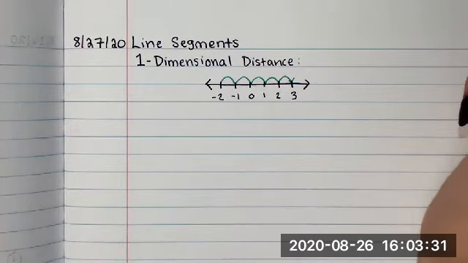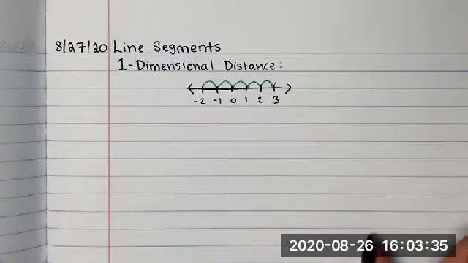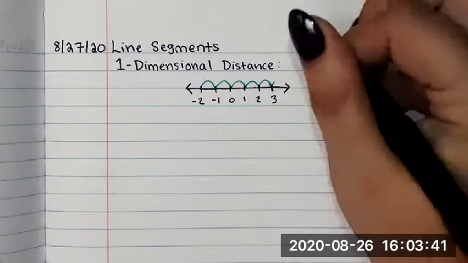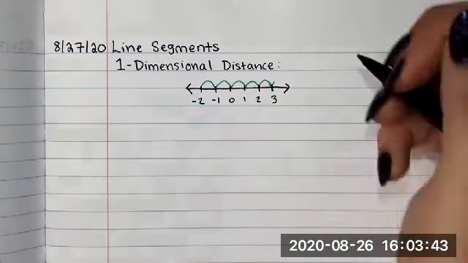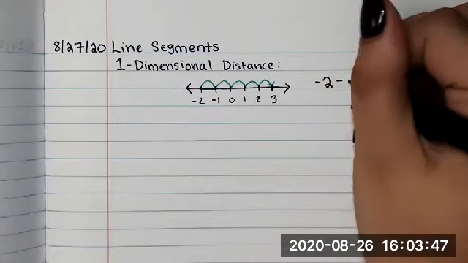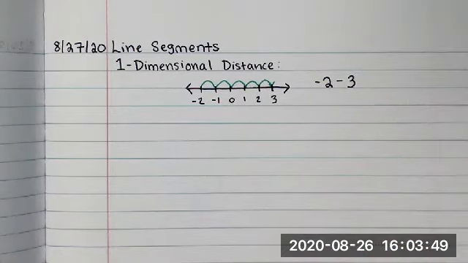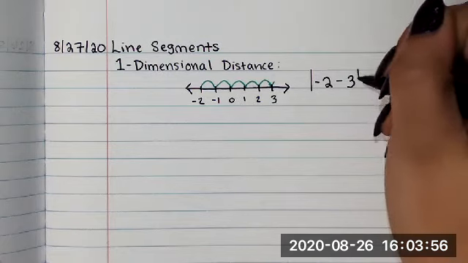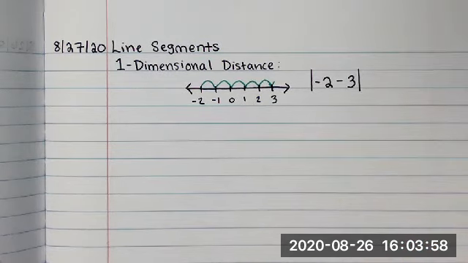So just to be very particular, there is a formula for finding one-dimensional distance, but don't let that word scare you. Essentially, you take your first number and subtract your second number. But distance always has to be positive, and so we add something called absolute value lines.